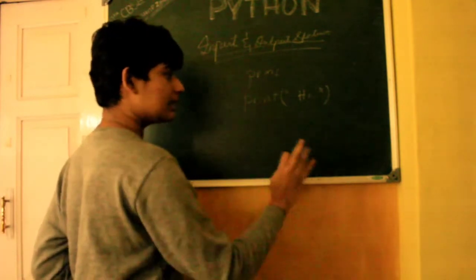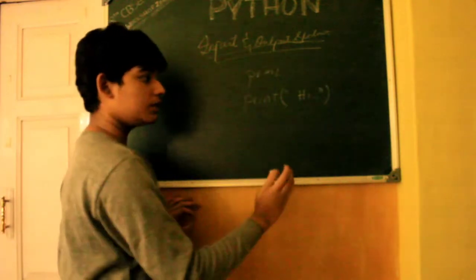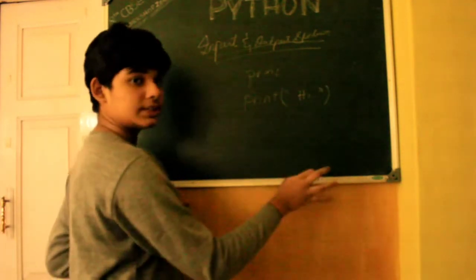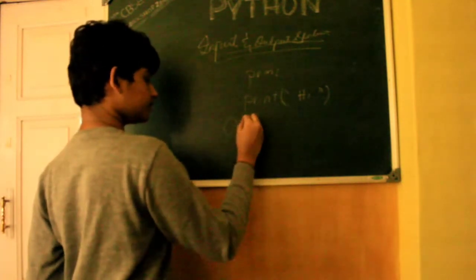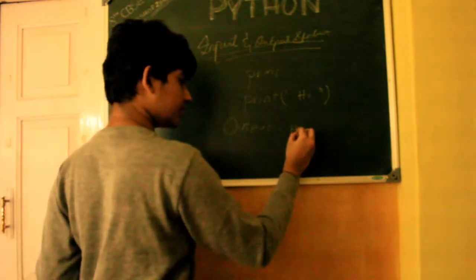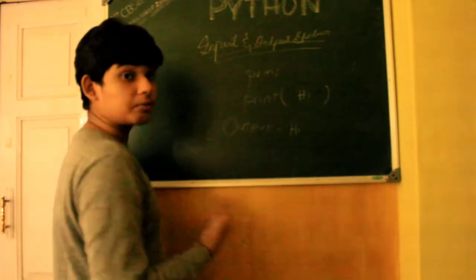So it is saying that hi has nothing to do with code. It doesn't have any value. It's just its own string, and we want it to print it. So the output is hi.